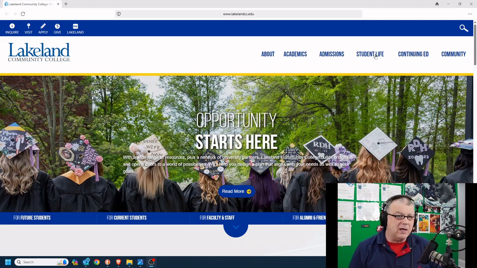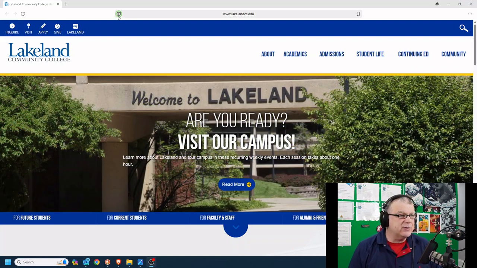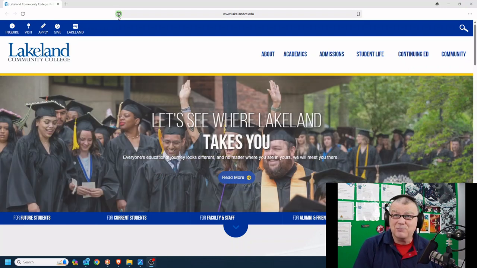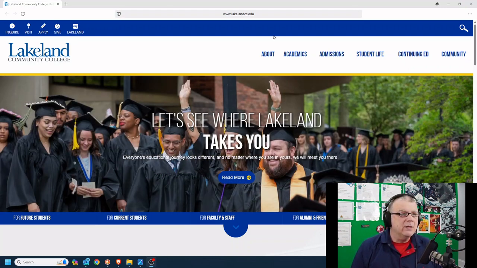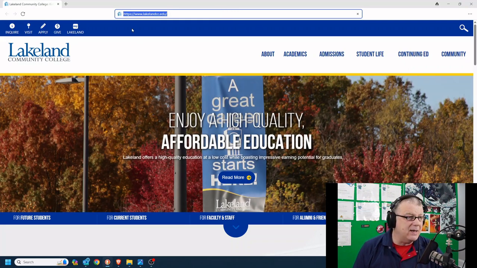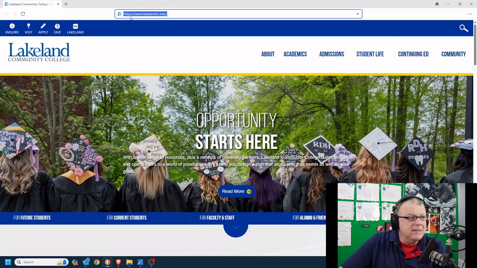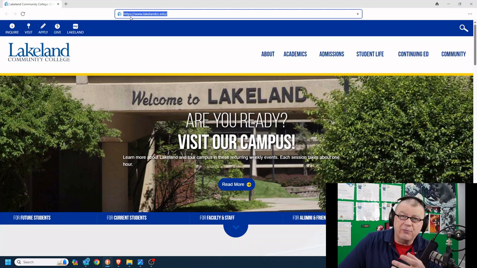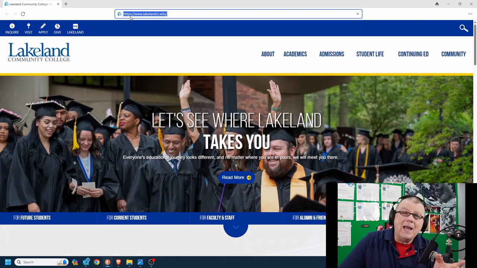But if we look at this, so this is the DuckDuckGo browser. I'm at the Lakeland website. You'll notice there's a little shield here, and it's green. Green is usually a good indication that this is probably a safe site. But before I even go to that, you'll see it says www.lakelandcc.edu. So if I was to click on that, before we go any further, I can look and see that it's HTTPS. Now, generally speaking, a communication between a web browser and a web server is done through either HTTP or HTTPS, Hypertext Transfer Protocol.